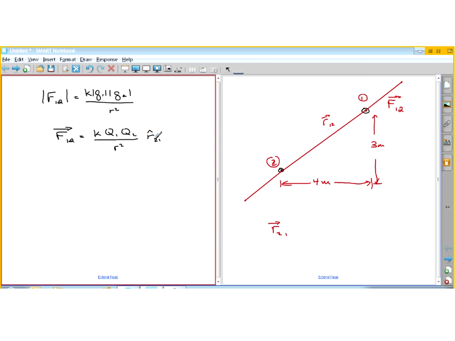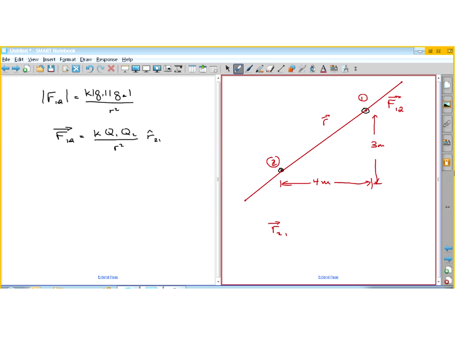It's R21, not R12, so let me change that here as well. This vector is the vector from charge 2 to charge 1. So it's just the distance vector. And that vector is going to be 4i plus 3j. So we move 4 units in the x direction and 3 units in the y direction. That's our position vector.